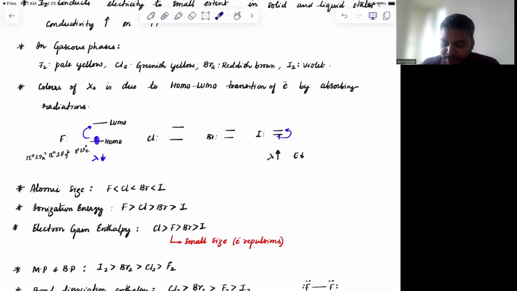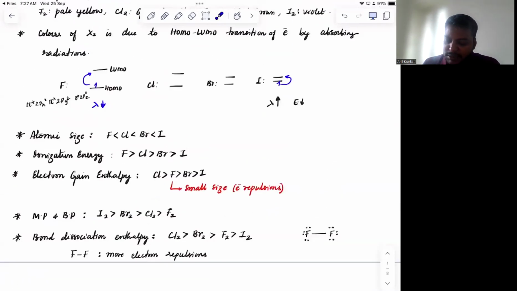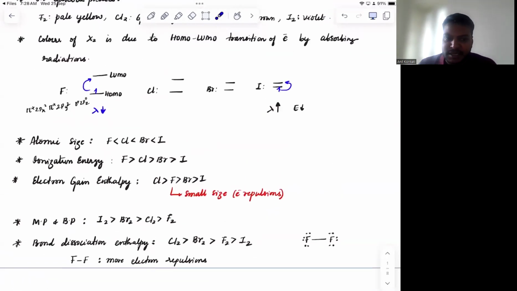Here the energy required for the jump from HOMO to LUMO will be lesser. So that's the reason for the coloring. So by the time it comes to violet, that means the energy required is at a very low amount. So the complementary color will always be violet. Okay.